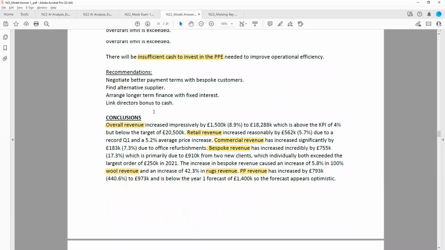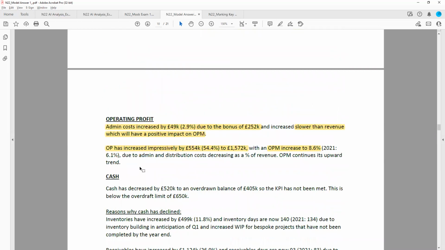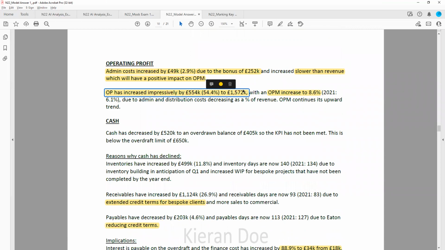Some students think that they're going to copy their whole operating profit section into the conclusion, but it's not a conclusion, it's just a repetition. So yes, you can copy the main number in because it's factual. What else are you going to have in there? If operating profit has gone up by 54.4%, that's going to be in the main body of your report, and it's going to be in the conclusion because it's factual.